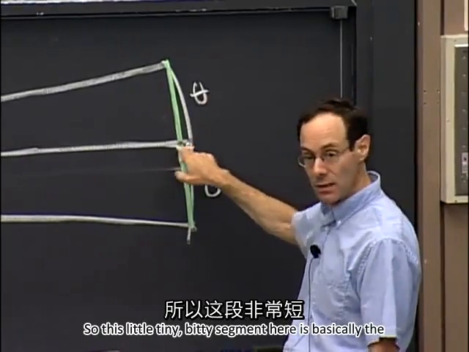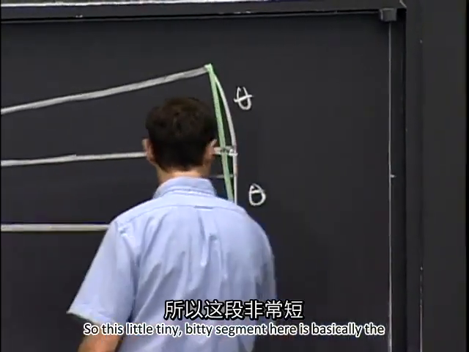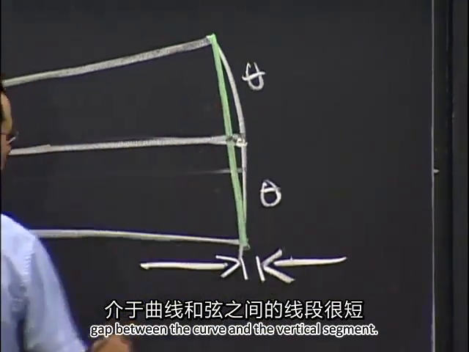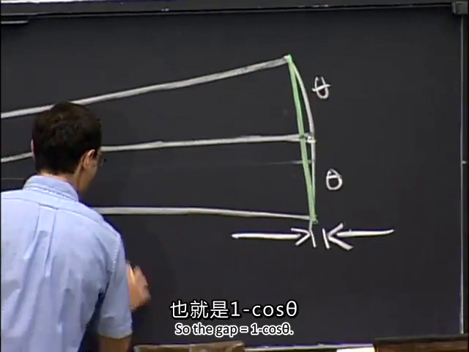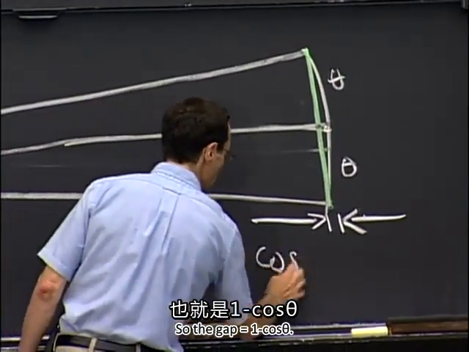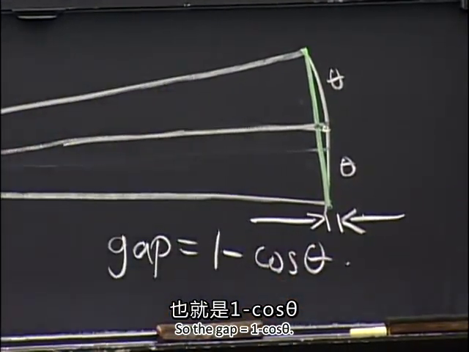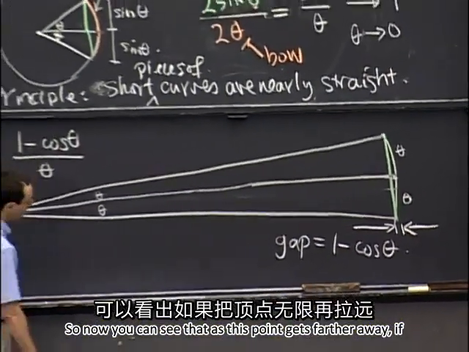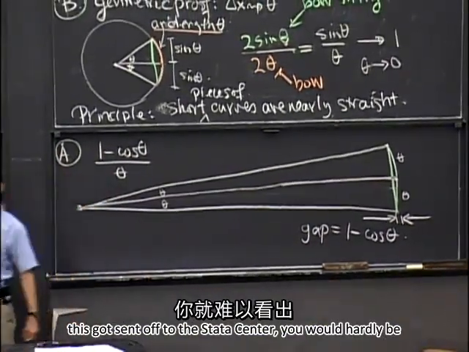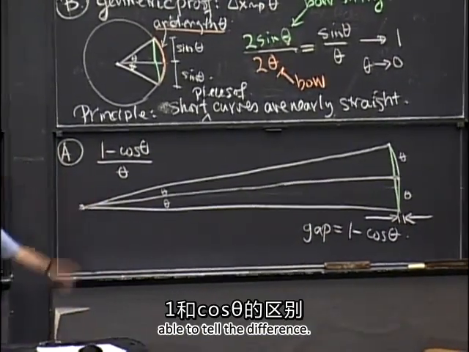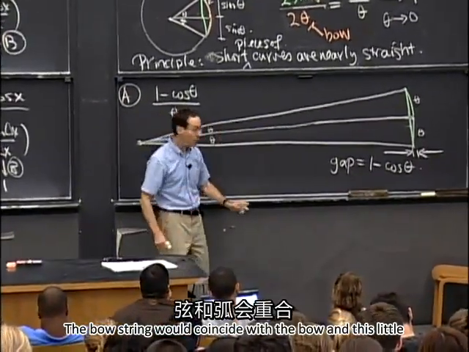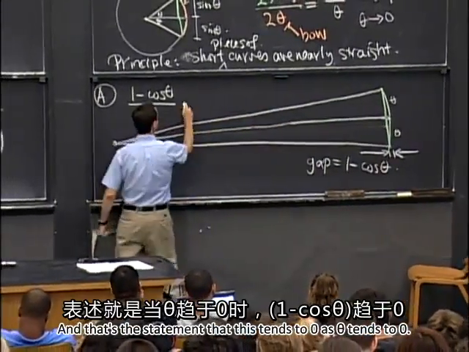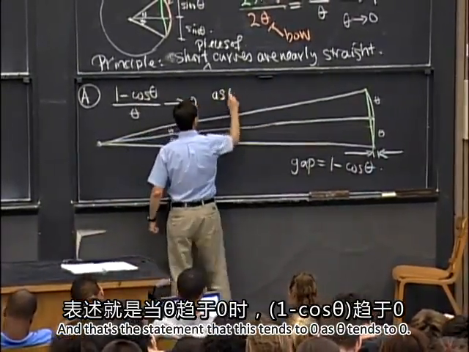So this little tiny bitty segment here, which is basically the gap between the curve and the vertical segment, the gap is equal to 1 minus cosine theta. All right? And so now you can see that as this point gets farther away, if this got sent off to the stratosphere, you would hardly be able to tell the difference. The bowstring would coincide with the bow, and this little gap between the bowstring and the bow would be tending to 0. And that's the statement that this tends to 0 as theta tends to 0.